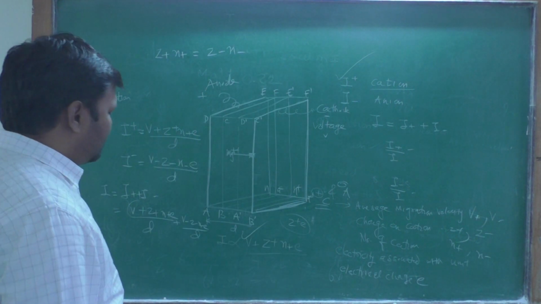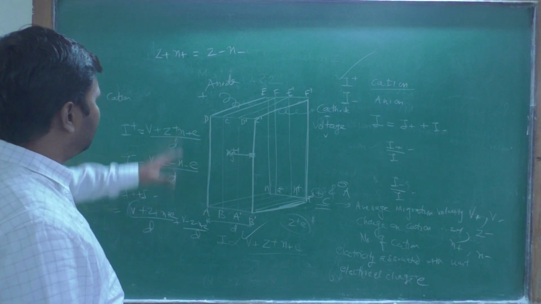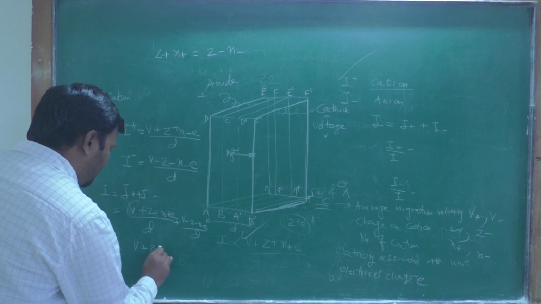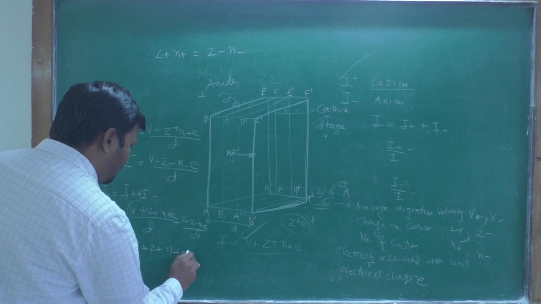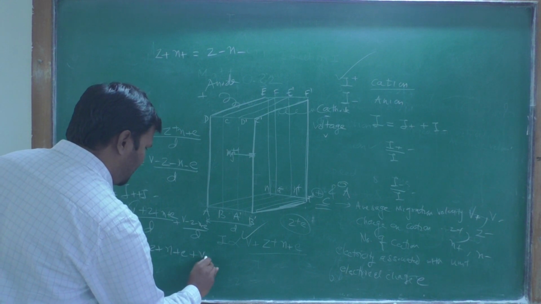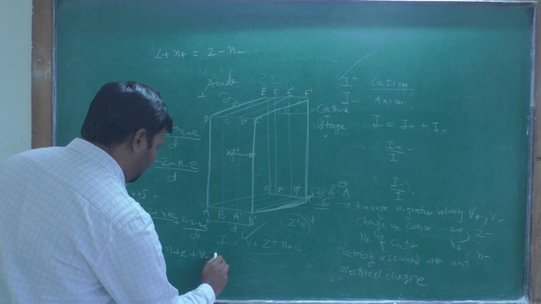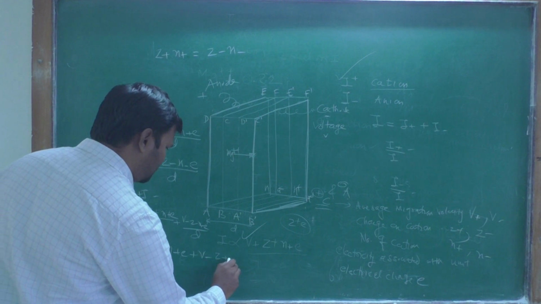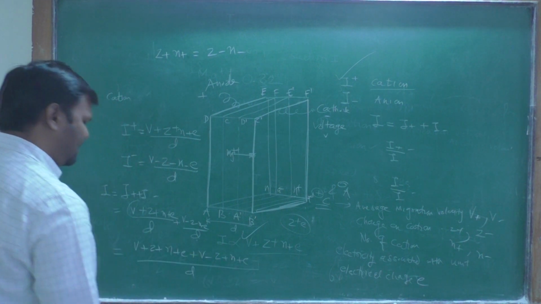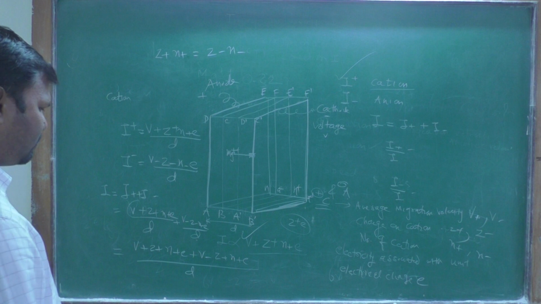Therefore, instead of Z minus and N minus, we put Z plus and N plus. So it is V plus Z plus N plus E, and V minus is different, while Z plus, N plus, E are the same, and D is common. We take the distance between the two electrodes.